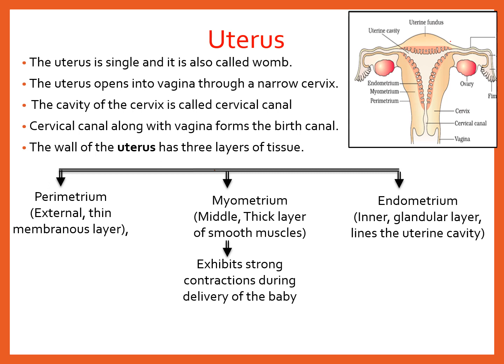So it has muscles which contract during the delivery of baby. Inner to the myometrium, you have the endometrium, which has the glands, and it is the innermost layer. So if you go from out to in, you have perimetrium, then myometrium, and then endometrium. So endometrium lines the uterine cavity. And yeah, endometrium is the layer which undergoes the cyclical changes which occur during menstrual cycle.